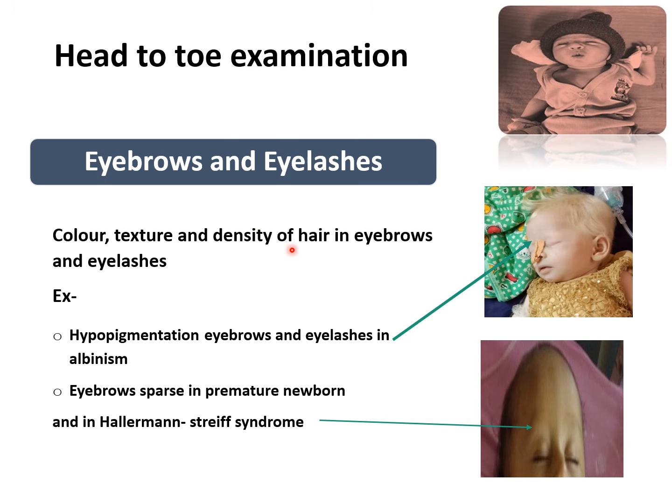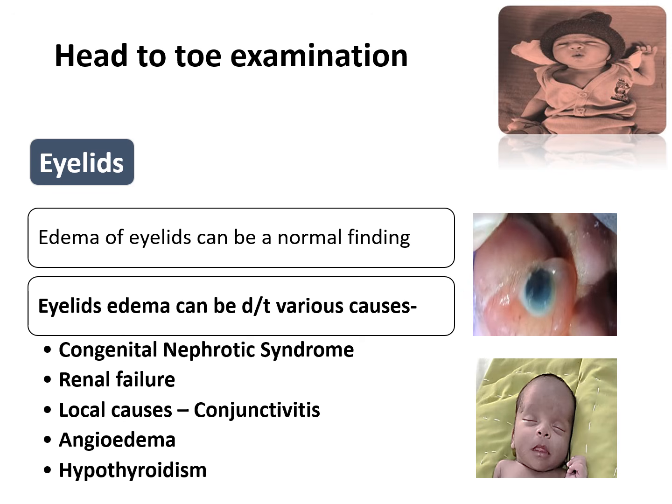So here in this image you can see baby is having hypopigmented eyebrows and eyelashes which is seen in albinism, and sometimes eyebrows are sparse, for example in premature baby and in various syndromes. Then check the eyelids.